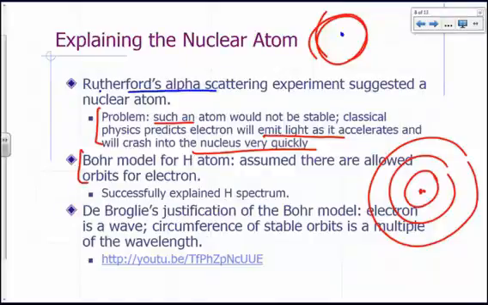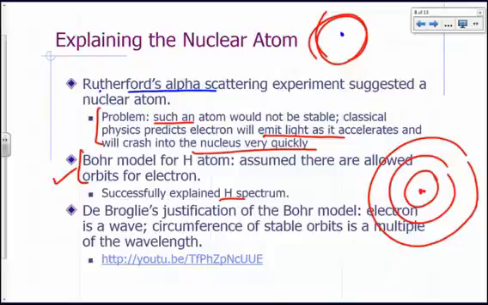Bohr basically suggested that there must be some specific orbits for the electron where for some reason it's allowed. And Bohr's model was successfully used to explain, for example, the spectrum of the hydrogen atom. Based on these orbits, Bohr calculated what the energy of the electron would be, and then transitions from one allowed orbit to the other led to the correct prediction for the known spectrum of hydrogen. So that was one of the successes of the Bohr model.